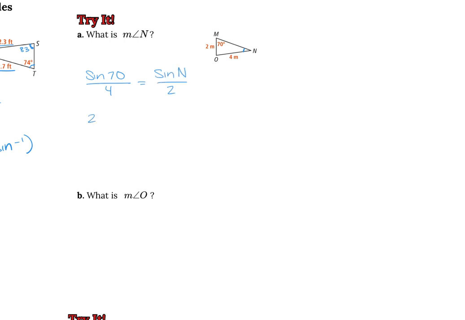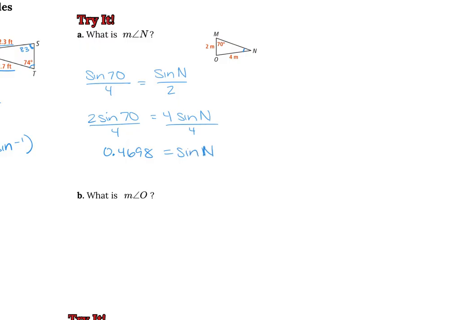Cross multiply. Divide by 4, and end up with 0.4698 for sine of N.